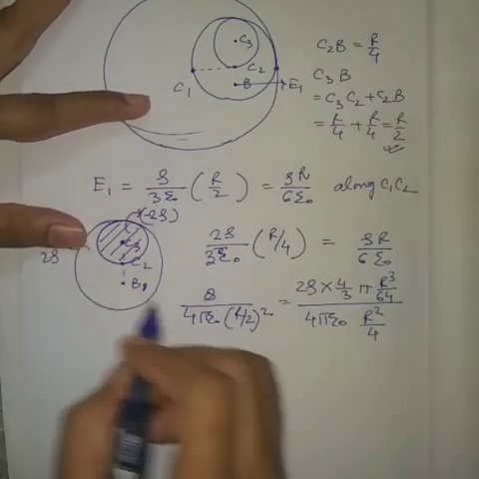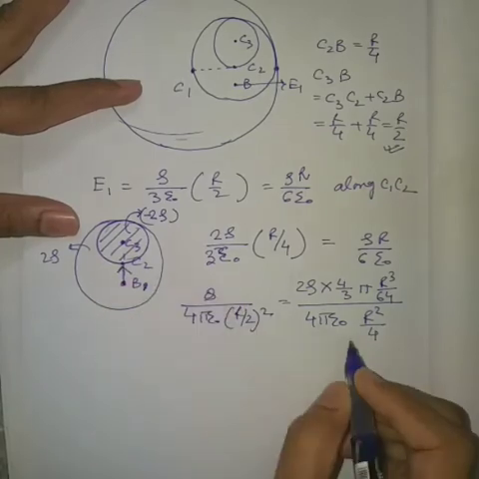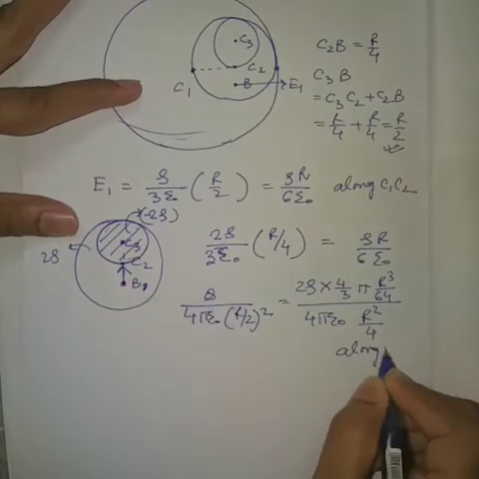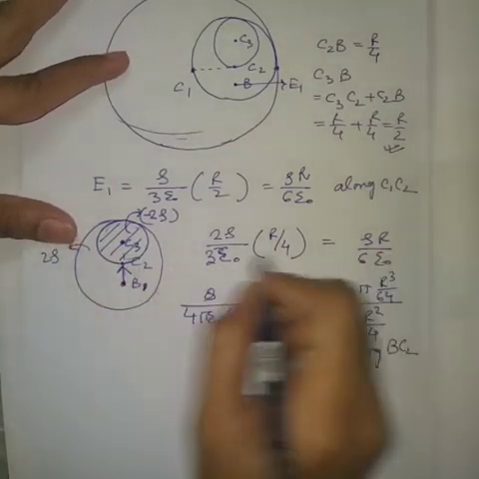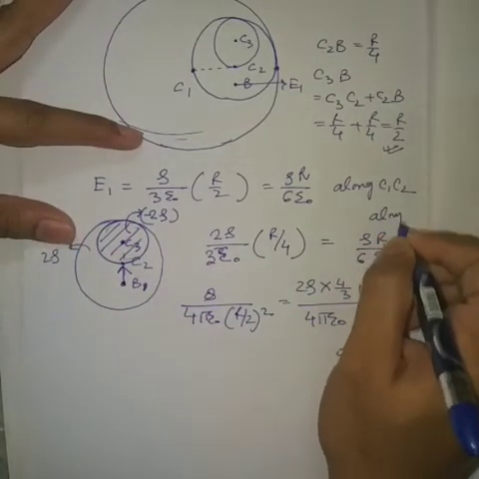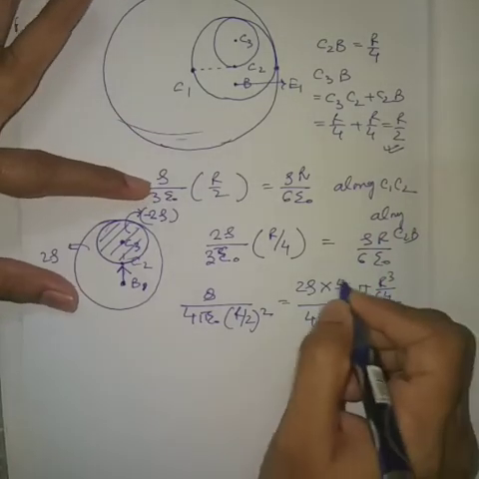So due to this negative volume charge density, this field will be along BC2, and when we consider the whole sphere, this field will be along C2B. Now if we calculate this, we can find out the result.